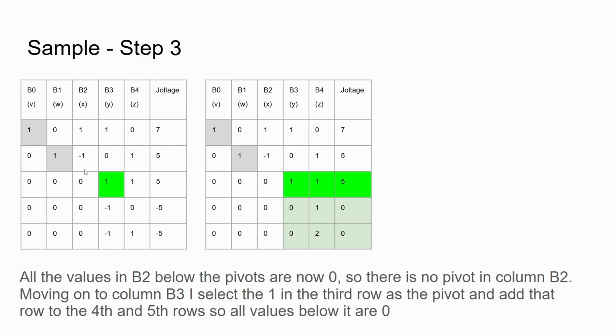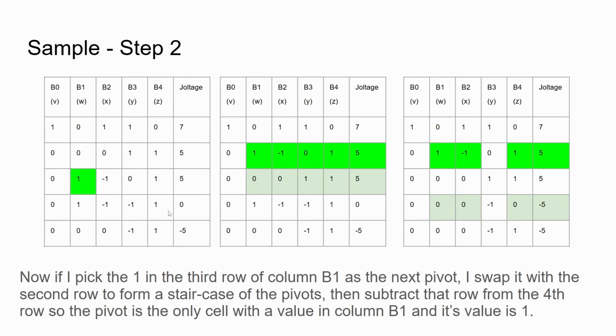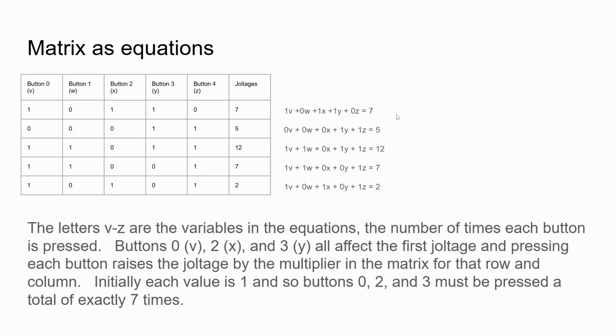Moving on, there's no acceptable pivot remaining below the previous pivot in column B2, so we move on to the next column. Here I could pick any of these 3 values, but if I want to use one of these, first I need to multiply the row by -1. That does not change the value. If we go back and look, this is the same thing as saying -V - x - y equals -7.